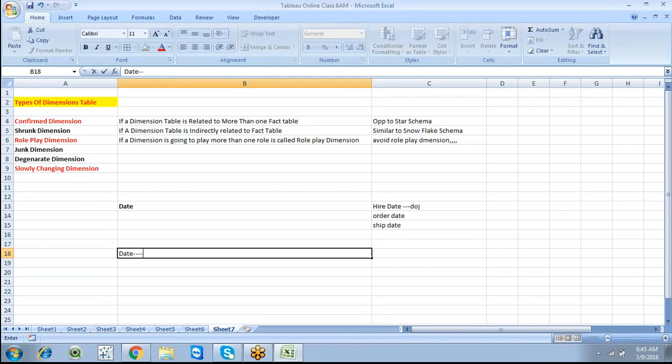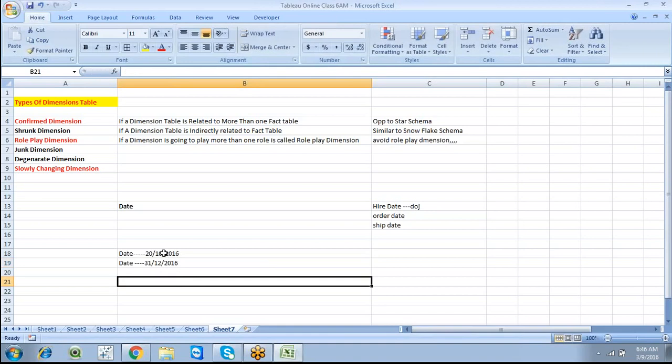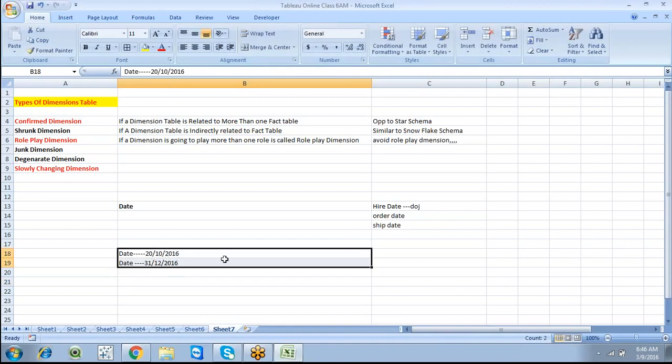Any end user does not understand this date. What is this date? It's a normal date, and that is also a date. So why do we have similar date names?